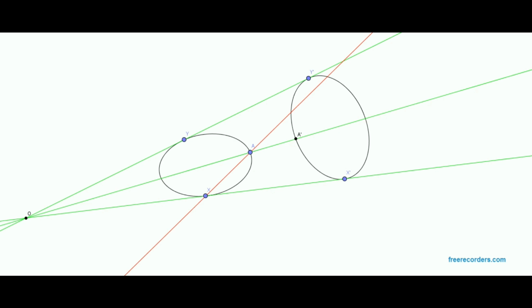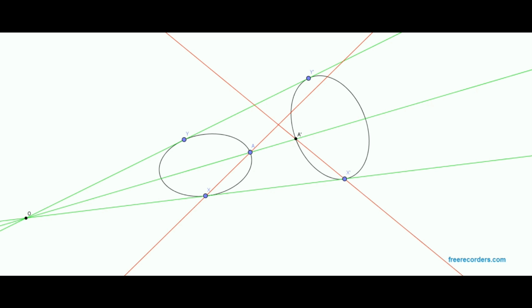Now, if we have a look at this line AX through A and X, well, the image of A is going to be A dash under our homology, and the image of X is going to be X dash. So the image of this line AX is going to be A dash X dash.